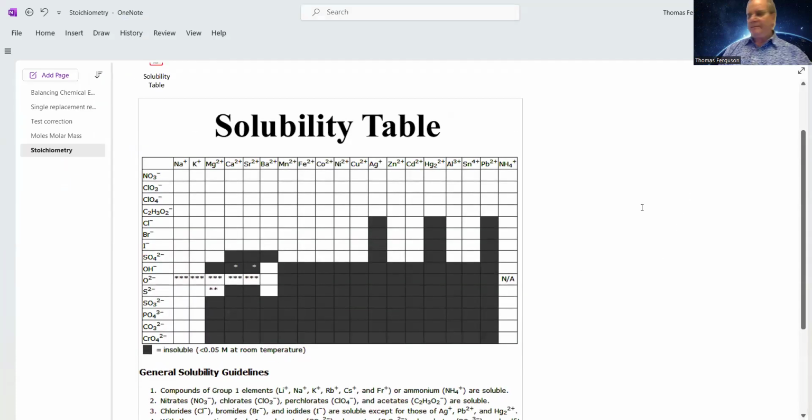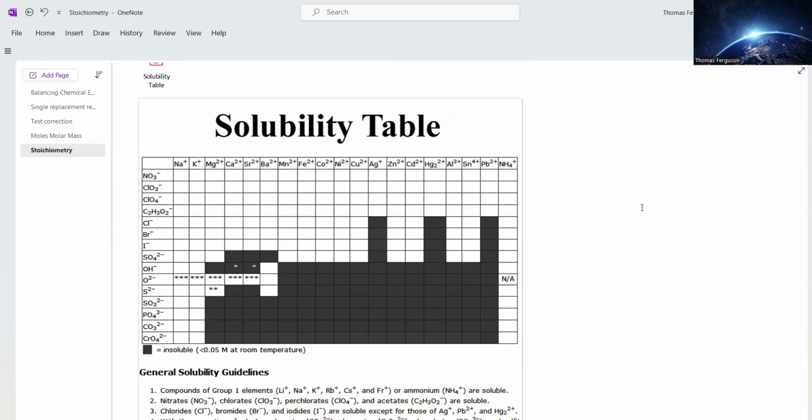Okay, so to use this solubility table, you need to know the cation and the anion. And what you do is where they come together, if it's white, nothing happens. If it's black, a solid forms.